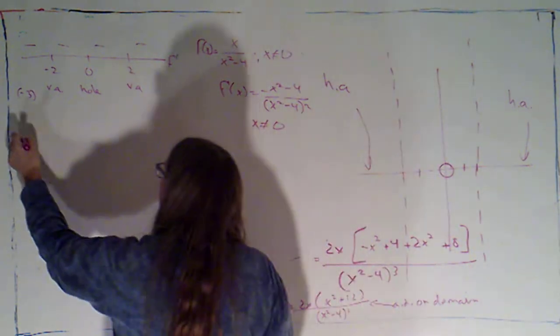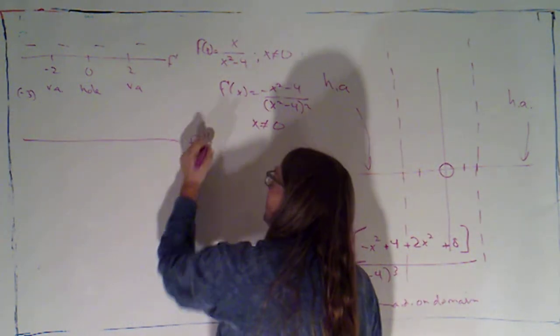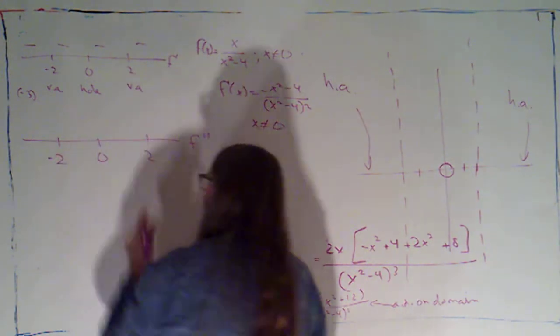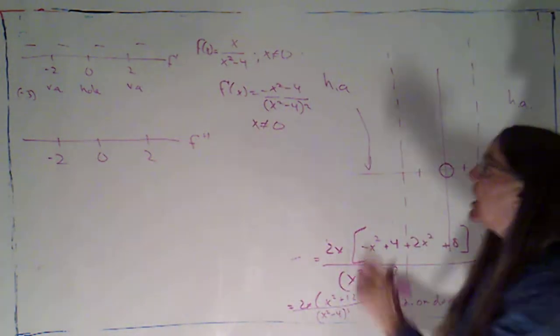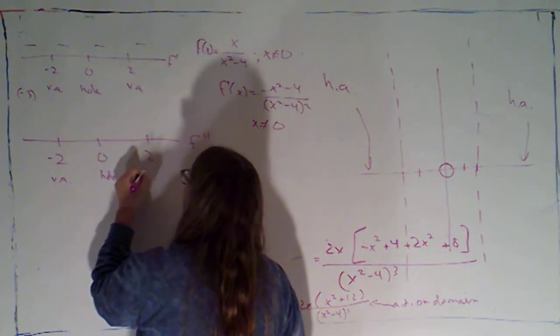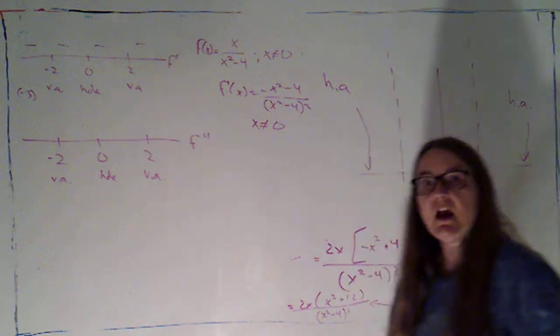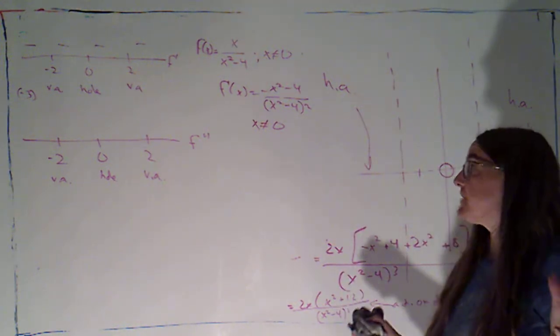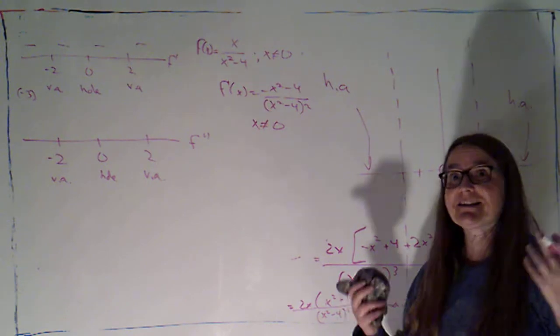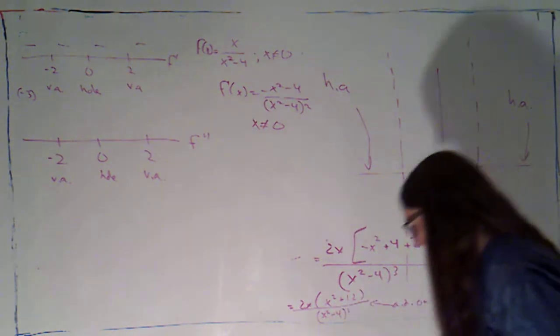So on my number line for f double prime, I'm also marking off negative 2 and 0 and 2. Again, I'm going to make a note that that's a vertical asymptote, that's a hole, and that's a vertical asymptote. So I will not have any points of inflection, because if the concavity changes, it does so at a place that's not in my domain.